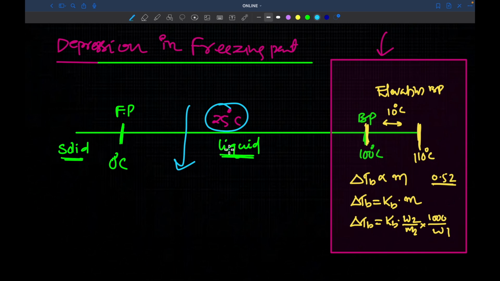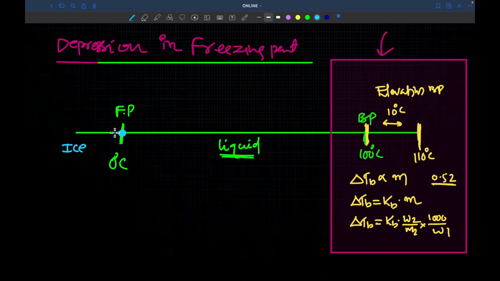The water approaches 0 degrees Celsius, which is the freezing point of water, so the water becomes ice. Here the formation of ice takes place. Exactly at 0 degrees Celsius, water converts into ice. So, water will be frozen into ice.